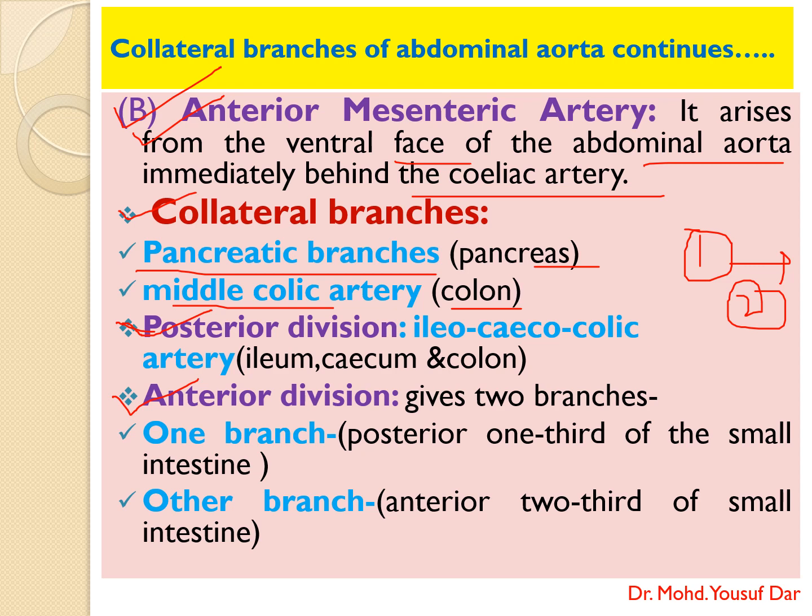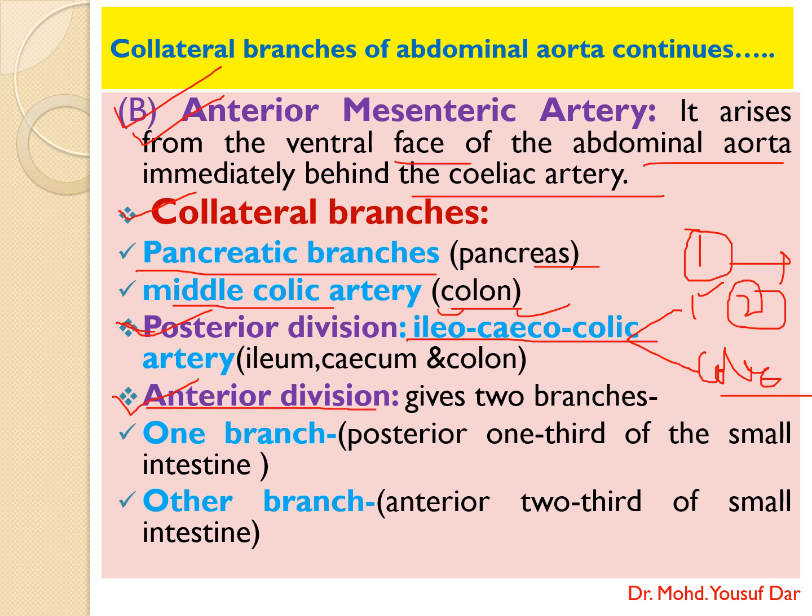The posterior division is also known as the iliocecocolic artery. This iliocecocolic artery divides into the ileocecal artery and colic artery. The ileocecal artery supplies the ileum and cecum, while the colic artery supplies the colon.